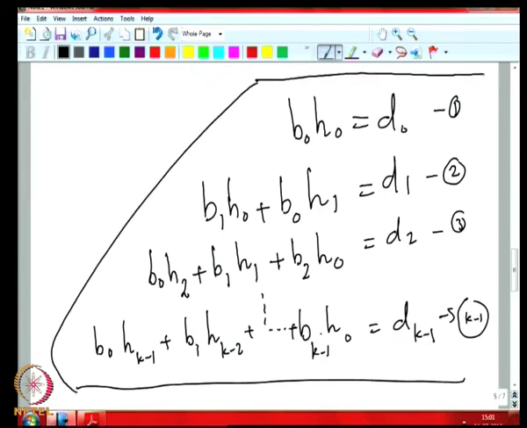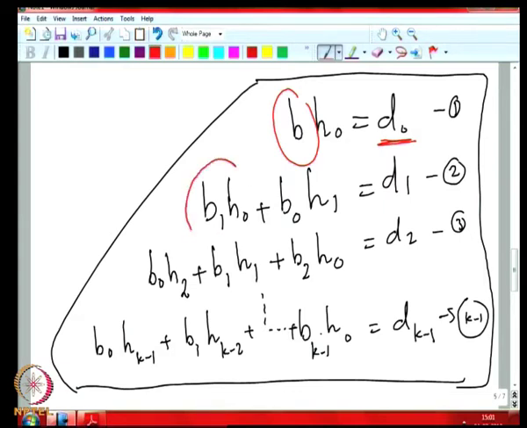This is a triangular system of equations. For instance, you look at this, we know that this B0 is non-zero and D0 is given also, right. So, you can divide D0 by B0 and get H0. Now, once you get H0, so we know B1, so B1 into H0 can be calculated.